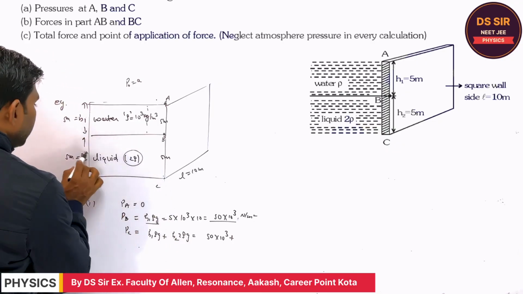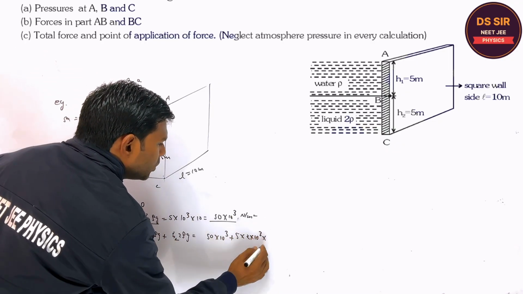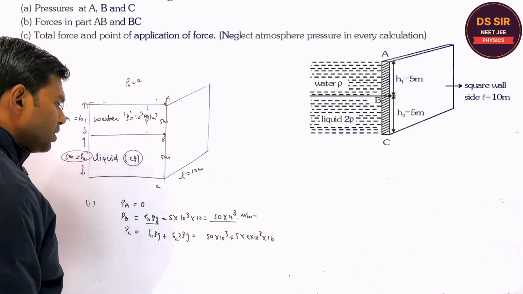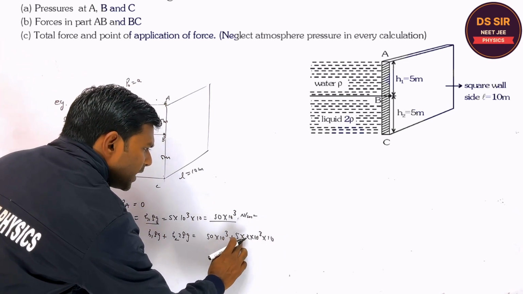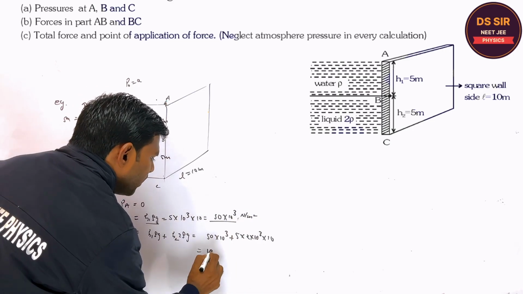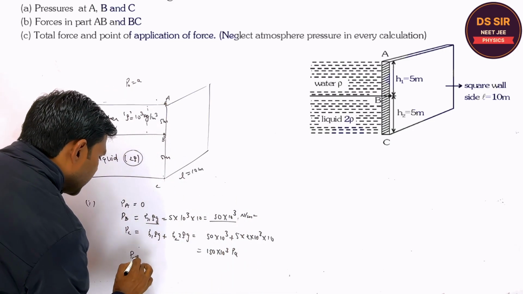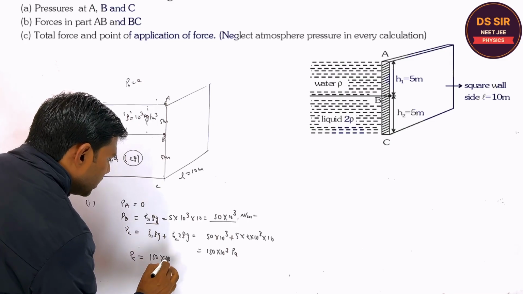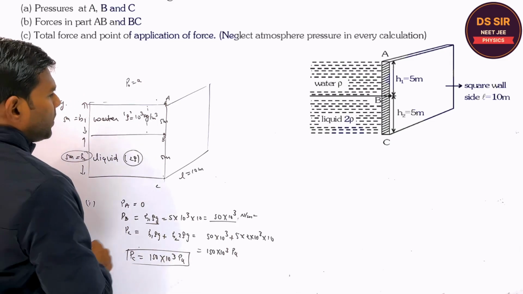This is h2, again 5 into 2 into density into 10, which is 100 into 10 to the 3. So the total is 150 into 10 to the 3 Pascal. This is the pressure at point C. Is it clear or not? Fine, so this is the first part.